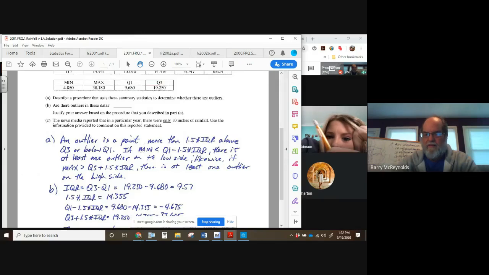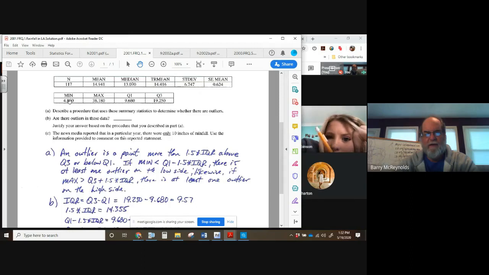And then essentially the method we're going to use here is we're going to calculate this quantity, Q1 minus 1.5 times the IQR, and Q3 plus that. If this value is greater than the min, then at least the minimum value is an outlier.